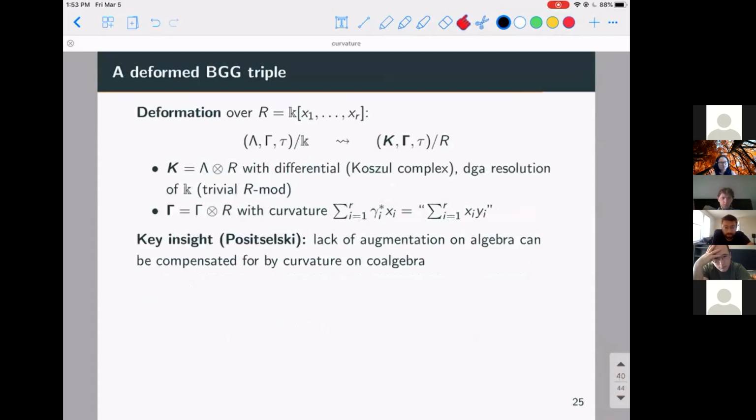But now I want to tell you how the curvature arises. So I was working over a field K, but now we can deform this whole story to a polynomial algebra. And this R is the same R that I had at the beginning of the talk, the T-equivariant homology of a point for some torus T.